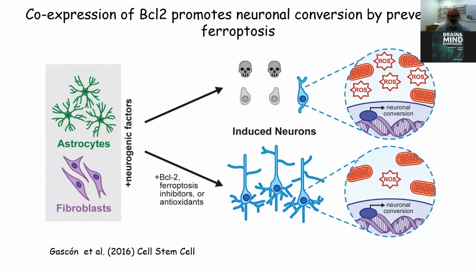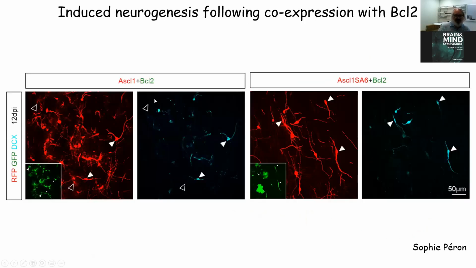Whatever the mechanism, what is really clear is that when we overexpress now these factors, ASCL1 or the mutant one, ASCL1 SA6, together with BCL2, we do see clearly the induction of doublecortin positive cells in the cerebral cortex. And this is 12 days after the injection into a P5 mouse brain.